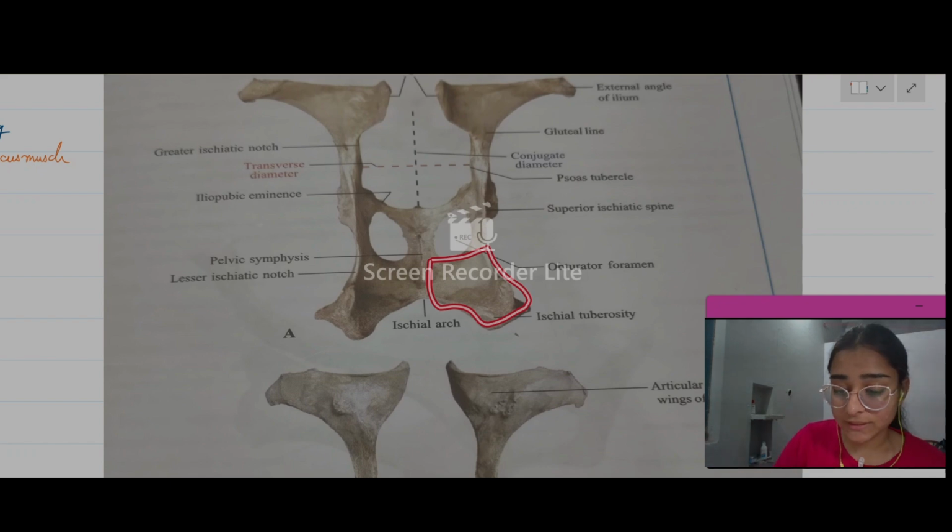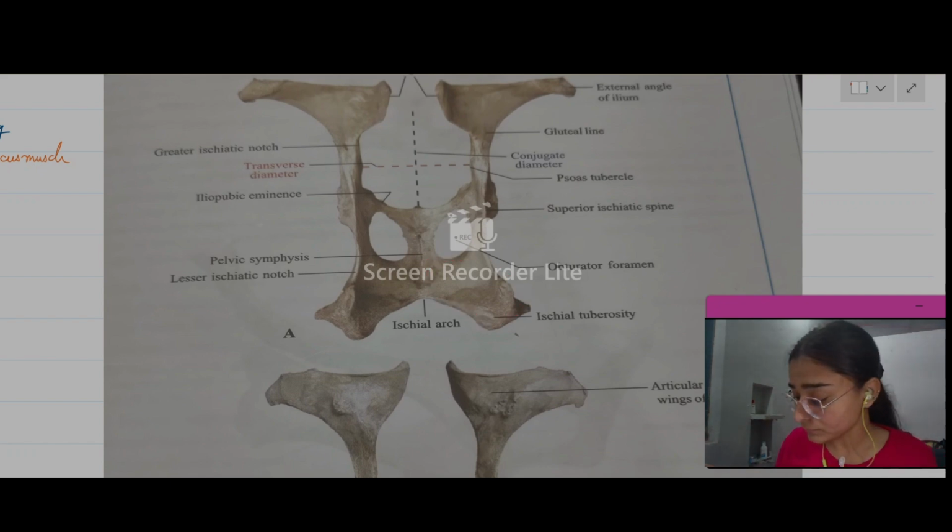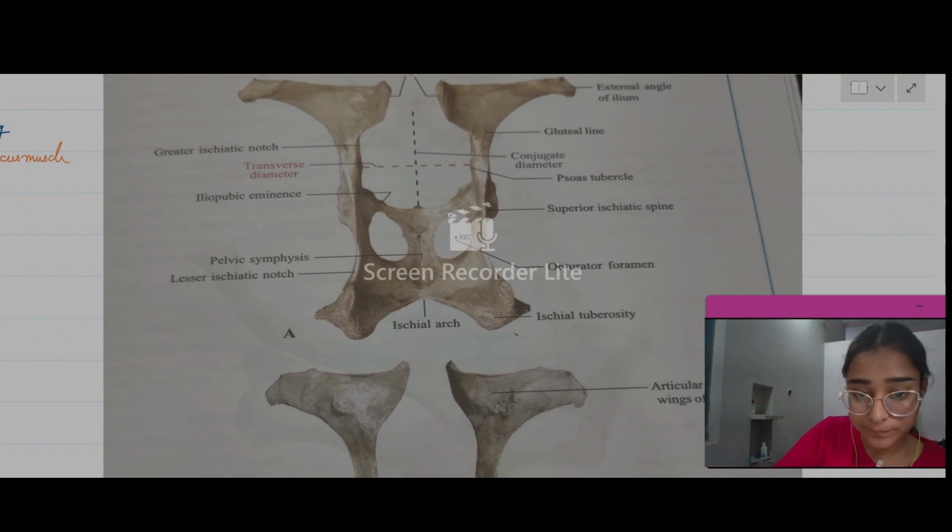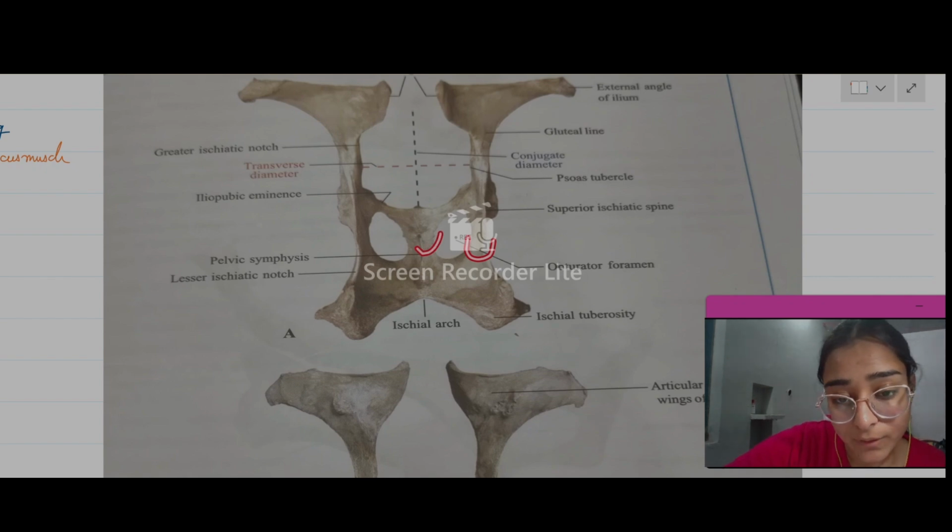So this ischial bone is a quadrilateral bone, as we talked earlier, and it consists of four angles. These are anterior external, anterior internal, posterior internal and posterior external.